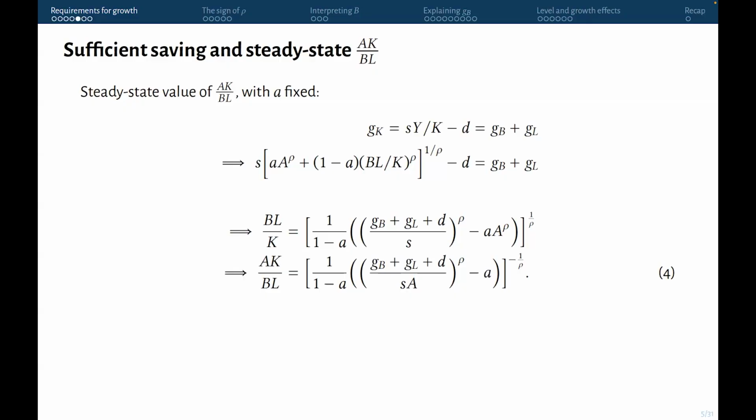Flip this over and multiply by A, and then the A shows up here. Anyway, you don't really need to know the details of this formula, but the point is you can convince yourself with enough squinting that there's going to be a steady state ratio of effective capital to effective labor. It's not going to grow indefinitely.